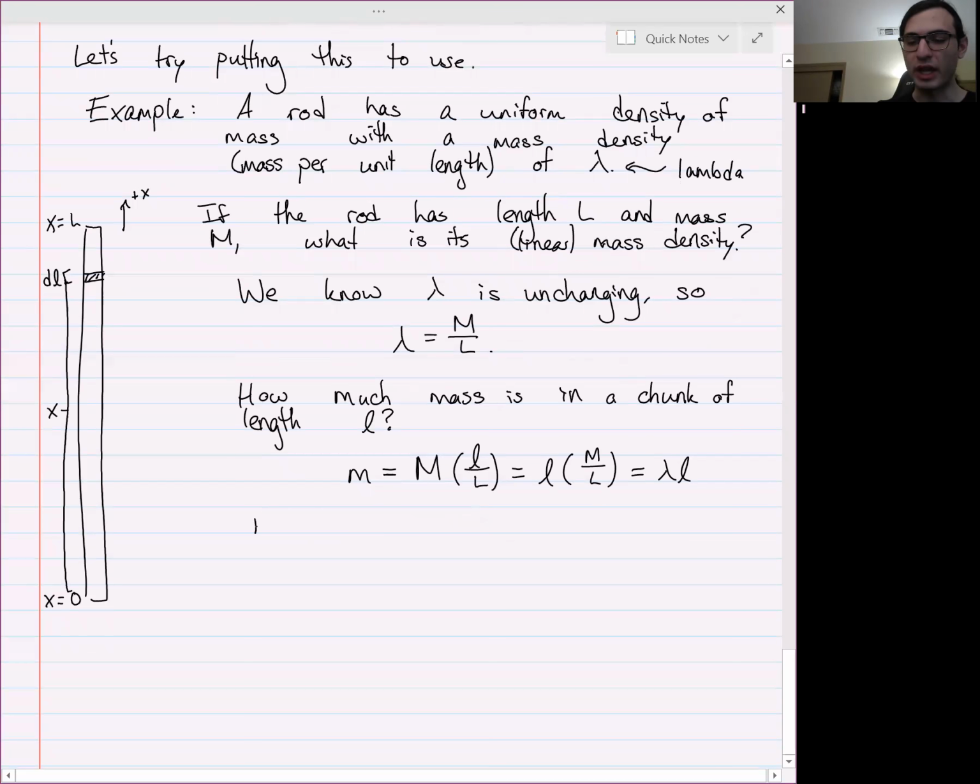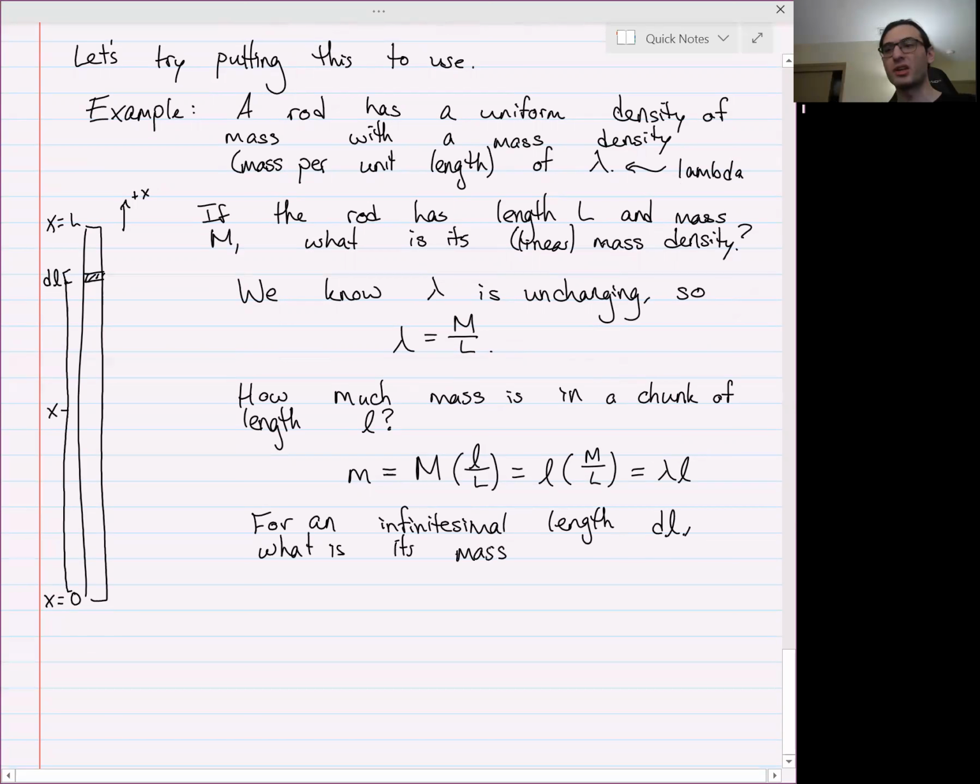We're going to eventually take the limit where it goes to 0 and treat it as infinitesimal. So for an infinitesimal length dl, a chunk of rod that has infinitesimally small length, what is its mass? Well, we know that its mass should approach 0 as the length goes to 0. But we should be able to write a formula that tells us in what way the mass goes to 0 as the length goes to 0.